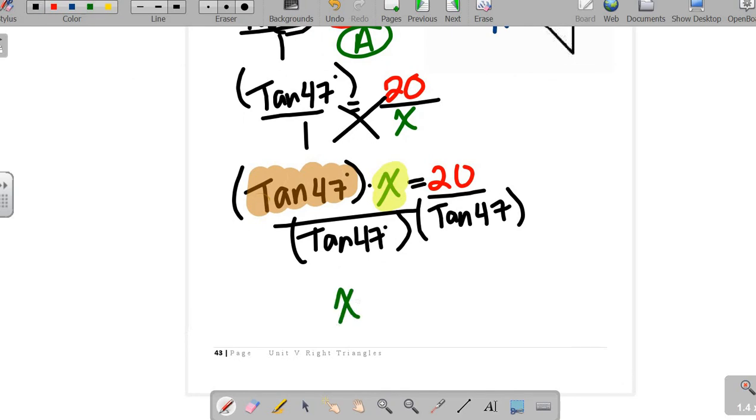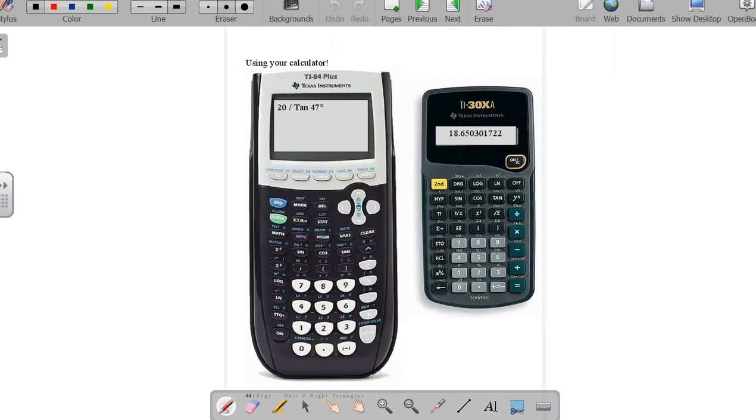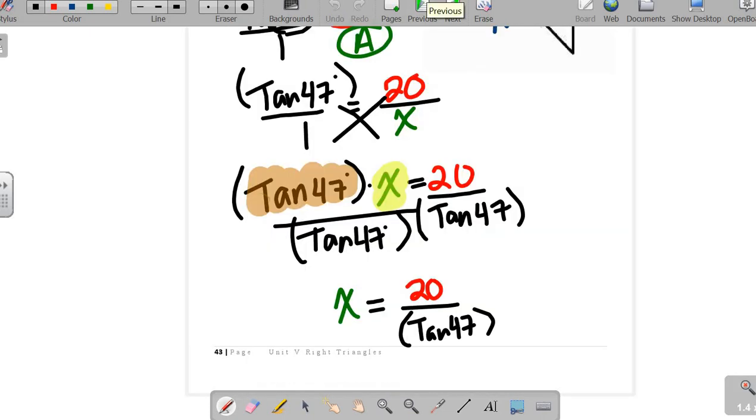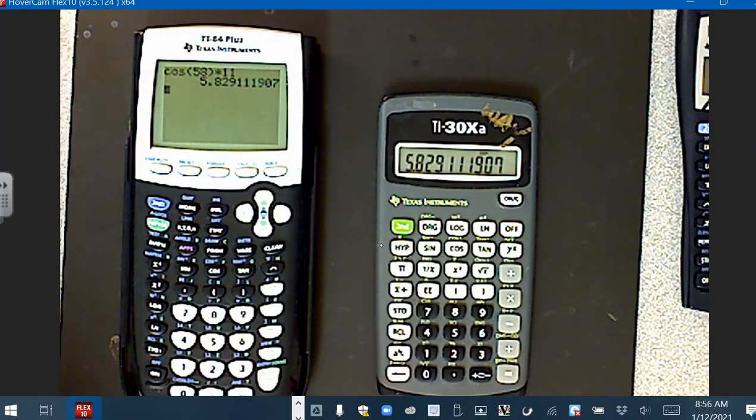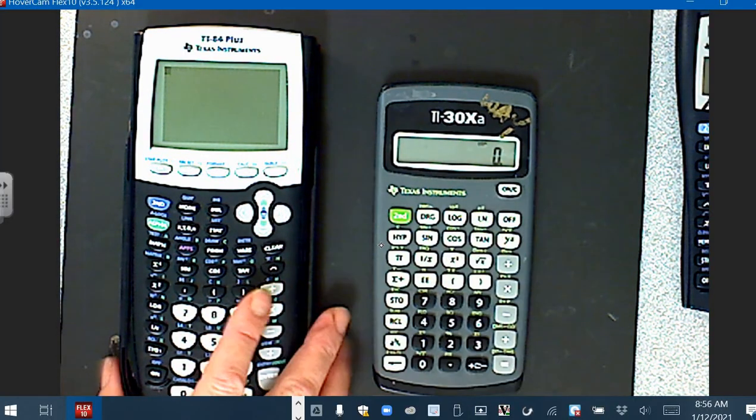X equals 20 divided by the tan of 47. Once again, I'll show you how to do this on your calculators. Watch carefully. 20 divided by tan of 47.